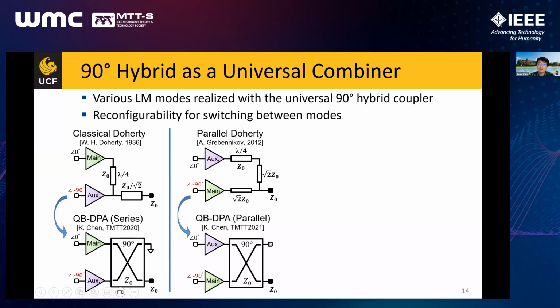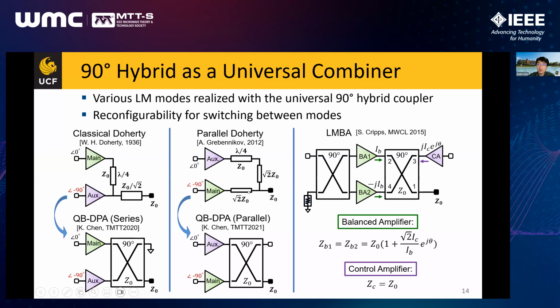So as you can see, this quadrature coupler can serve as a universal combiner to realize different Doherty modes, and it can also be used to realize this LMBA mode, where we can introduce a control amplifier to supply a control signal to this isolation port so that the balanced amplifiers can be load modulated equivalently. This creates the LMBA configuration, which I will introduce in detail in a later slide.